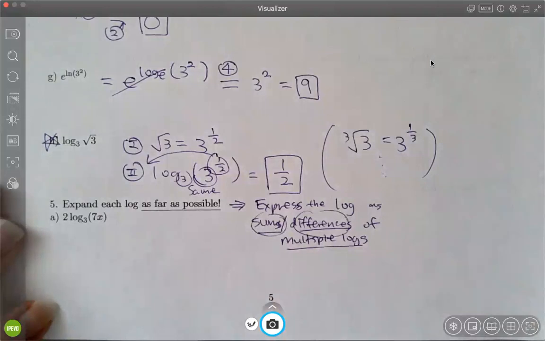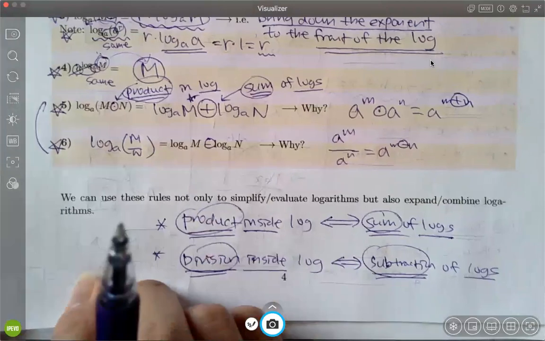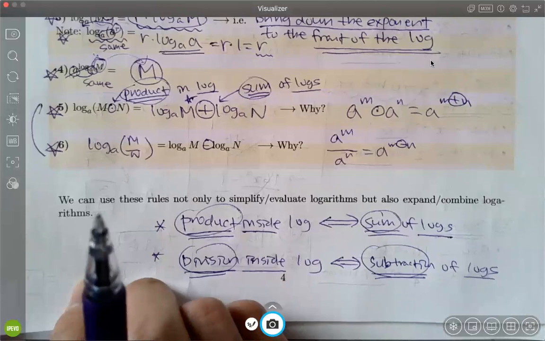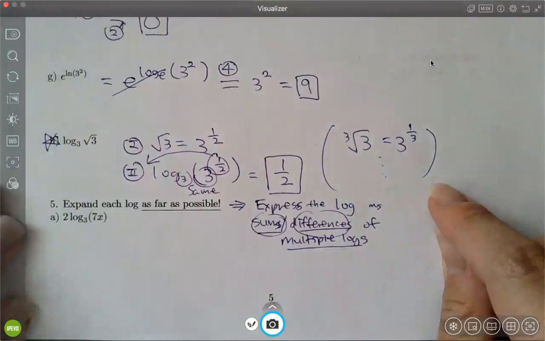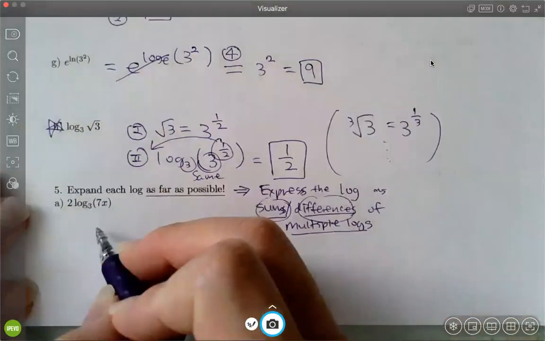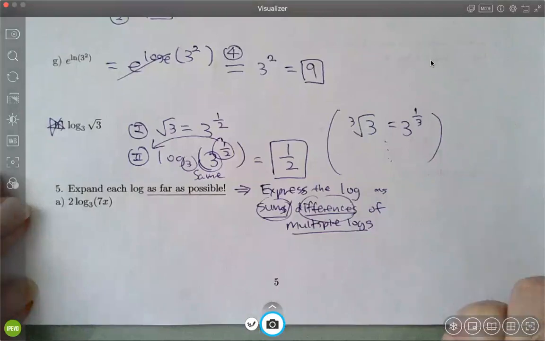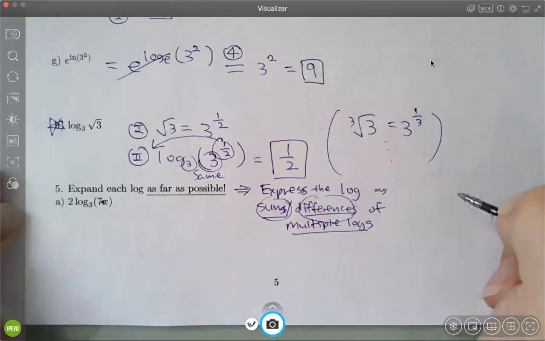Rule 5 says if we have a product within the log, we will see a summation. If we have a quotient or division within the log, then we'll see a subtraction. Here there is obviously no quotient or division. But do we see any product within the log? It doesn't seem like there is, but there is one. Notice that 7x is the same thing as 7 times x. So there is a product.